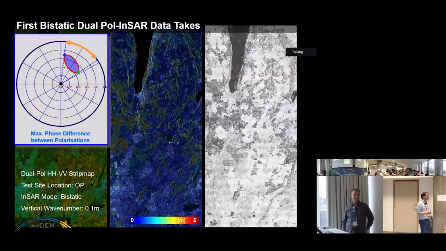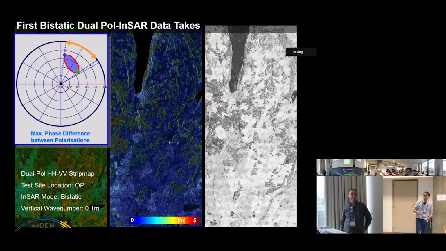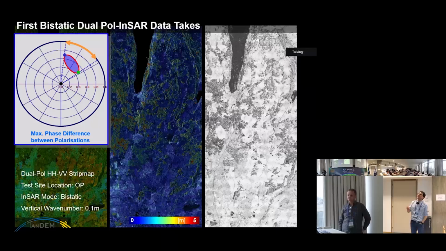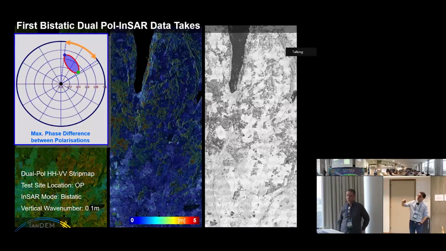Do I still get a difference of phase center height when I start to change the polarizations? This was the experiment that was done here. What we did was to optimize, to find the W vector that gives you the polarization channel with the maximum interferometric phase difference, so with the maximum height difference. And this is what you see.